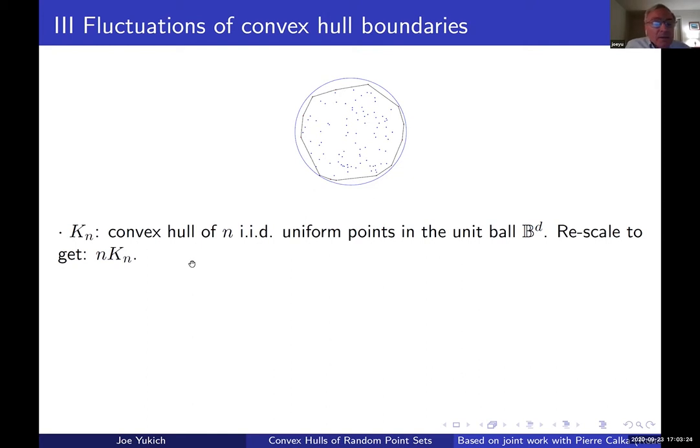So K_n is the convex hull of n IID uniform points in the unit ball. And we're going to blow up this picture by a factor of n. So n times K_n. We blow everything up by a factor of n. Maybe before going into this, I should pause and see if there are any questions.